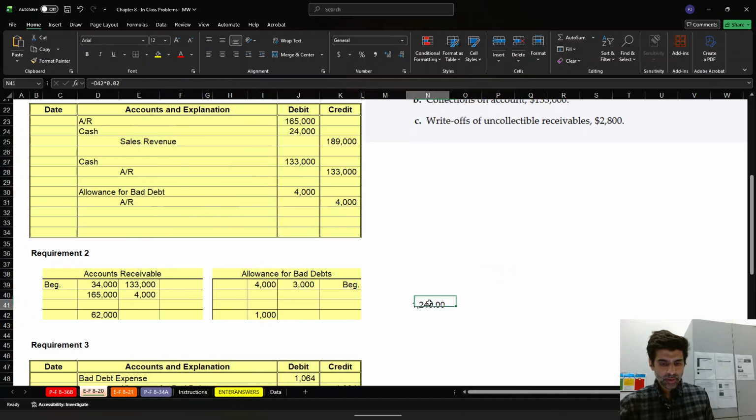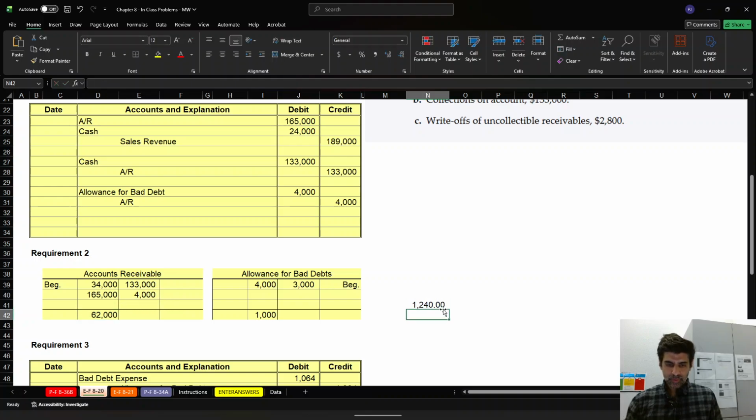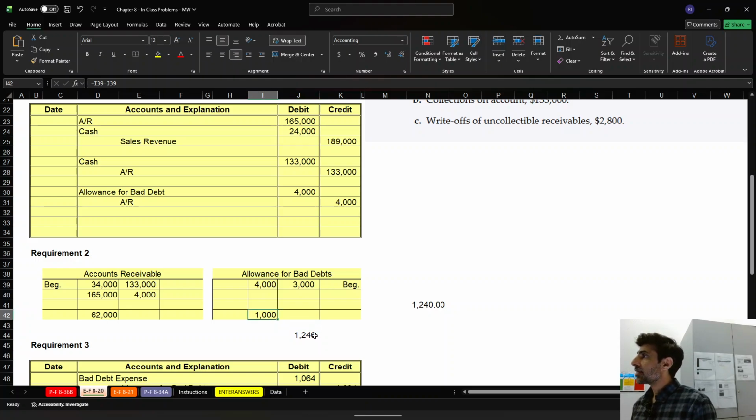Okay, so it's the same math. It's still 2%. So we do this times 0.02. Okay, so now we know that our allowance for bad debt has got to have a credit balance of 1,240. We have an existing debit balance of 1,000.